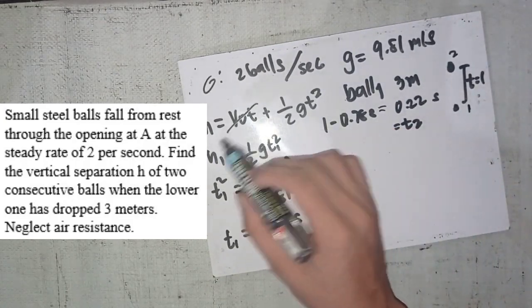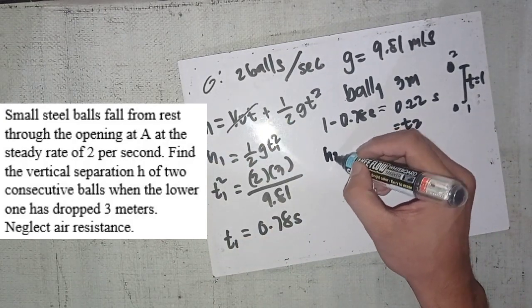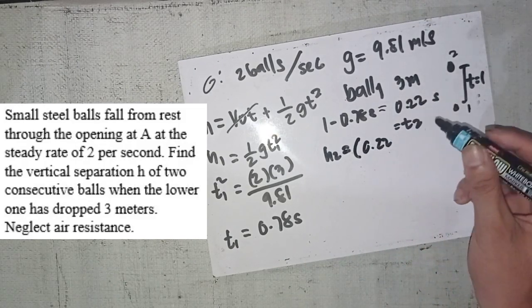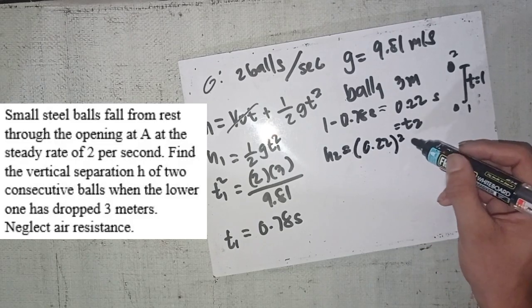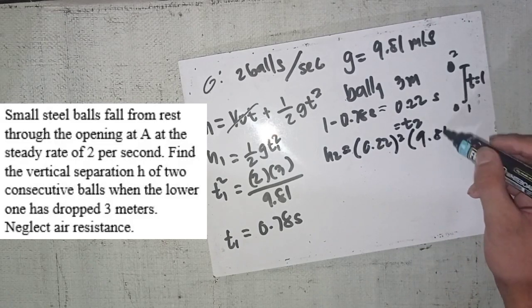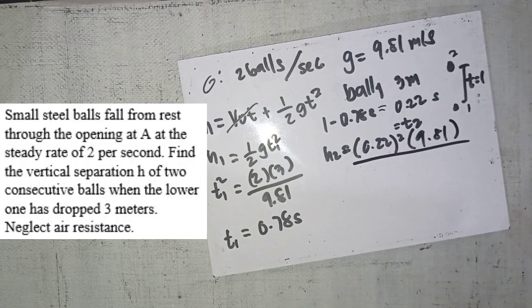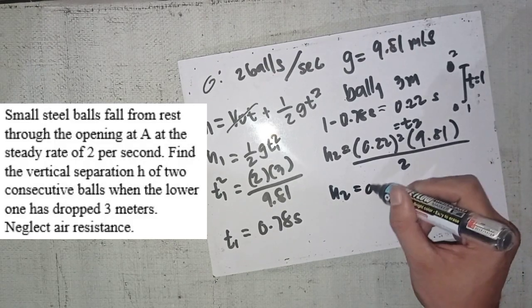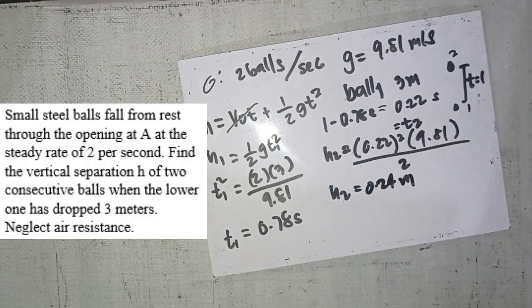So using again the formula, h2 will be 0.22, this is the time, times the gravity 9.81 meters per second squared all over 2. So what we have here is the height of the second ball is 0.24 meters.